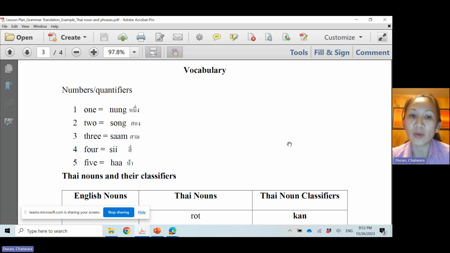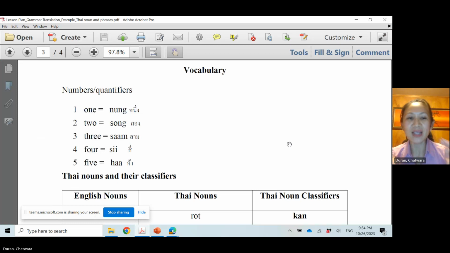See is four. Then five, ha, okay, ha. It's easy to remember this one. Why? Because Thai texters like to put 555 when they're laughing out loud. Because the word five is ha. So when they put 555, it means ha ha ha.